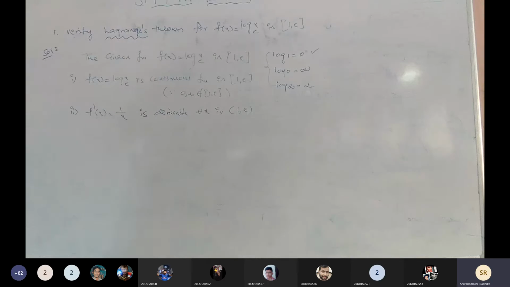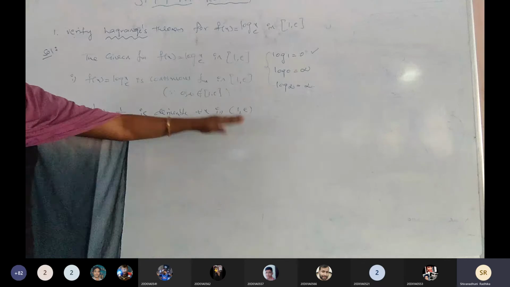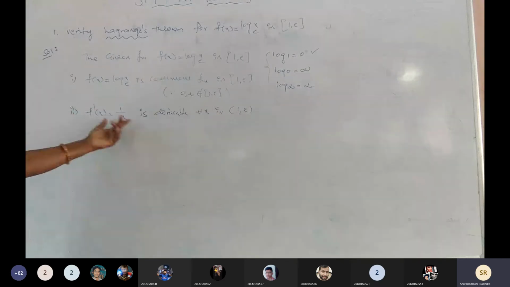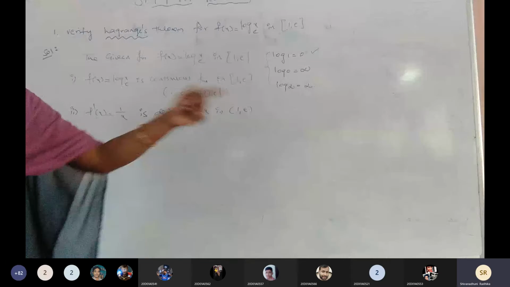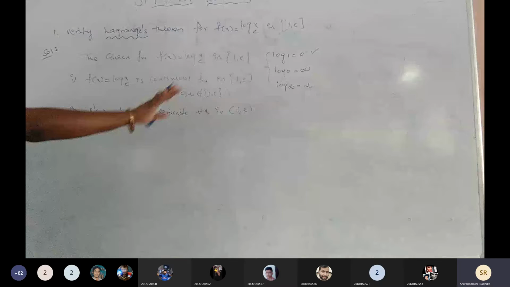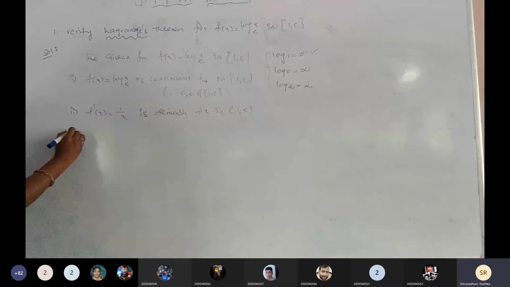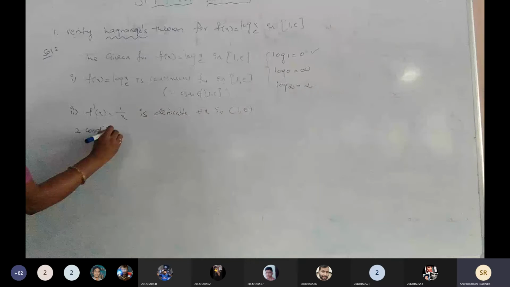But x equals 0 is not there in the given interval. For that purpose, f dash of x equals 1 by x is the derivable function. Is it clear? Two conditions are satisfied.